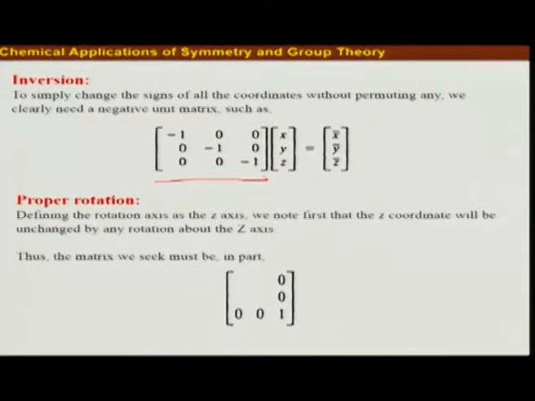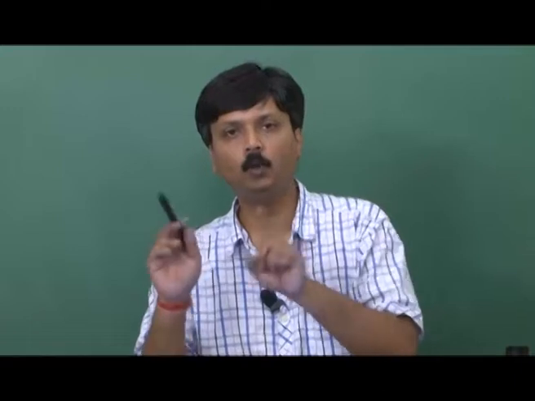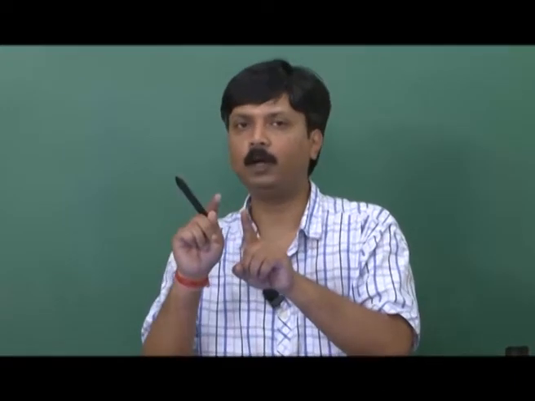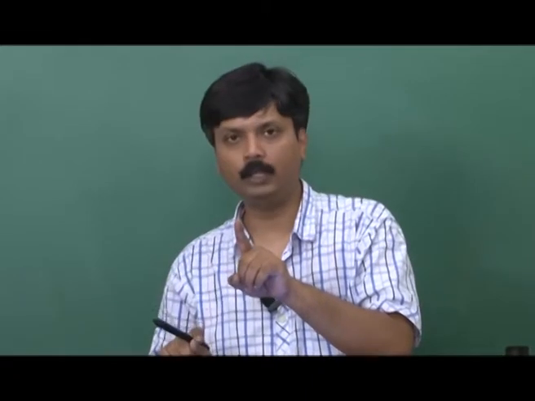Now here I have only one point, so I have 3 coordinates. If I had 4 or 5 points, I would have 3 into 4 or 3 into 5 such coordinates, so accordingly your matrix size will go up. For 3 coordinates, I have a 3 by 3 matrix. If I had 2 points, I would have a total of 6 coordinates, because I would have x1, y1, z1, x2, y2, z2.